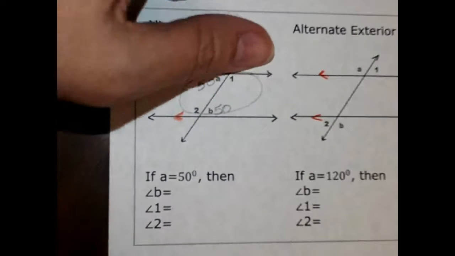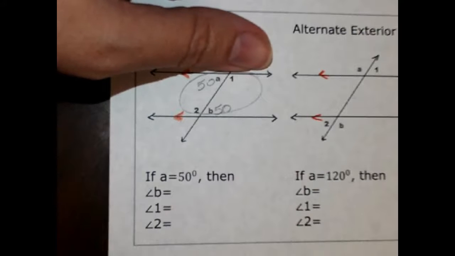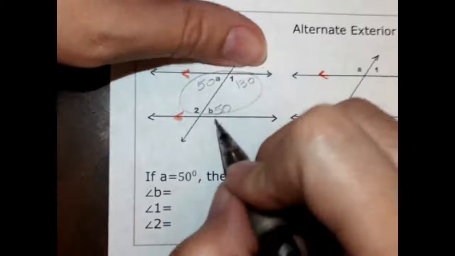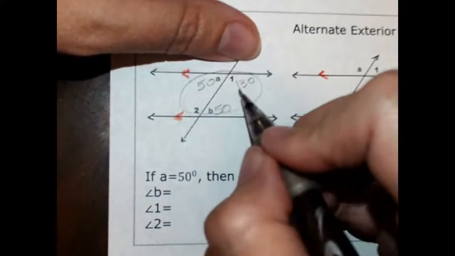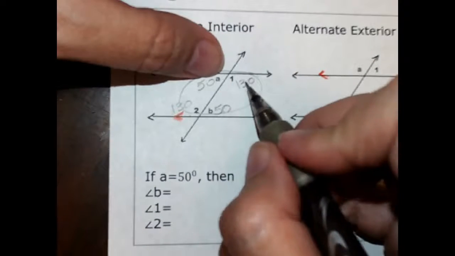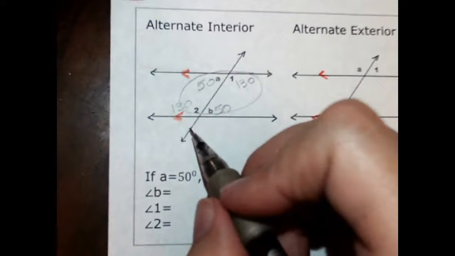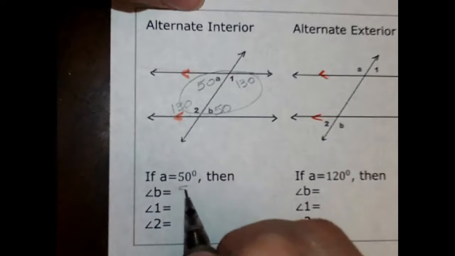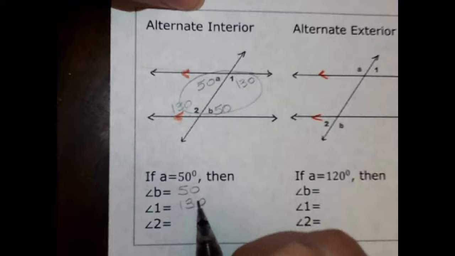And these two add up to 180, so we know this one is 130. And this one is also going to add up to 180, so this is 130. Or we could also say 1 and 2 are alternate interior angles, so they have to be the same. So B is 50, 1 is 130, and 2 is 130.